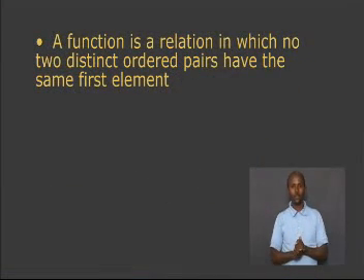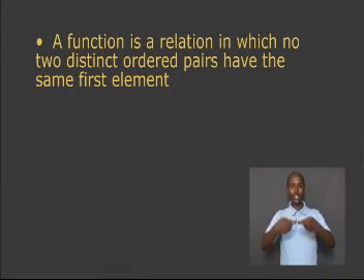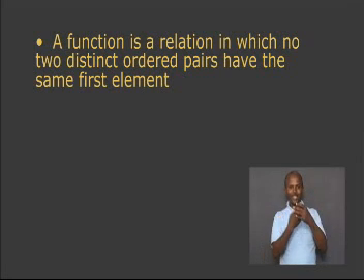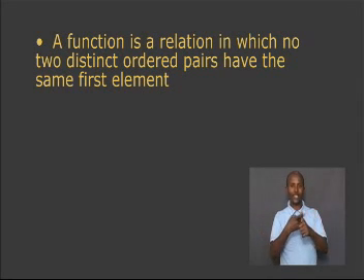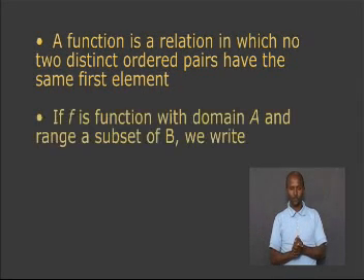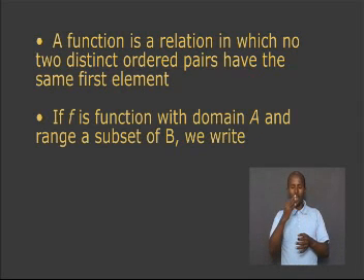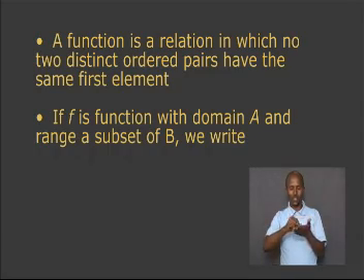Do you remember what a function is, students? It is a relation in which no two distinct ordered pairs have the same first element. If f is a function with domain A and range a subset of B, its notation looks like this.